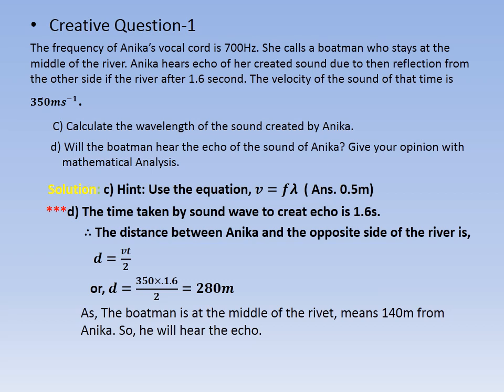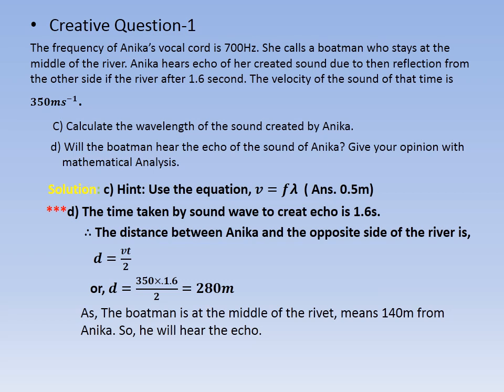Dear student, this is a creative question. We must read the question carefully. The frequency of Anika's vocal cord is 700 hertz. She calls a boatman who stays at the middle of the river. Anika hears an echo of her created sound due to the reflection from the other side of the river after 1.6 seconds.